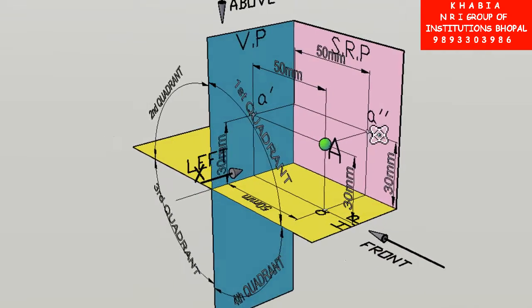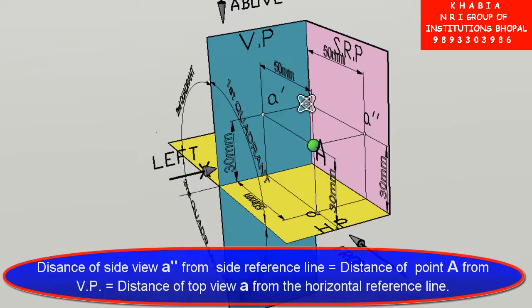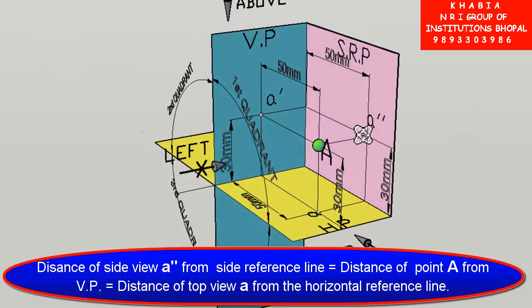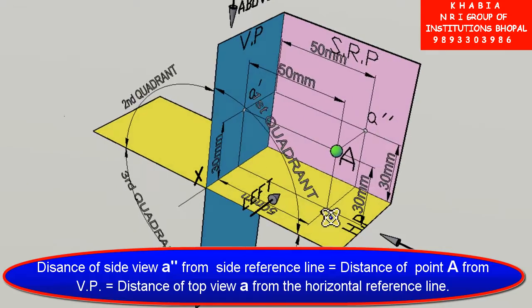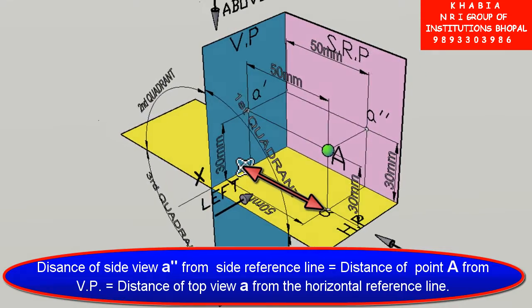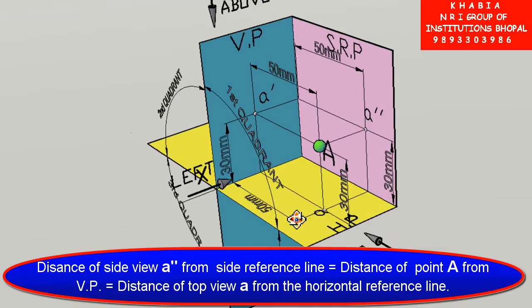Second conclusion is the distance of the side view from the side reference line is equal to the distance of the point from VP, which is equal to the distance of the top view from the horizontal reference line.